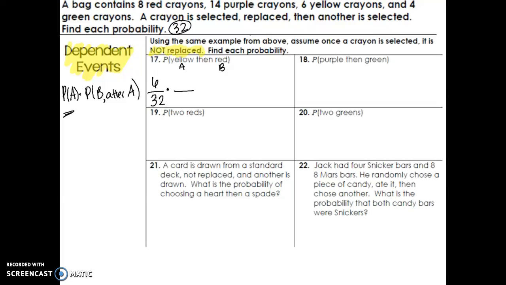So there's no longer 32 crayons in the bag. Now there's only 31. But then we do want a red crayon. For red, that was 8. So now the probability of choosing a red crayon out of the bag is 8 out of 31. Still, we multiply straight across, and once we do that, we simplify it. In its simplest form, this is 3 out of 62.